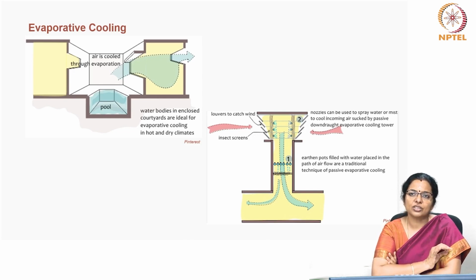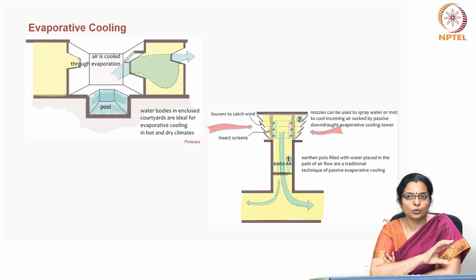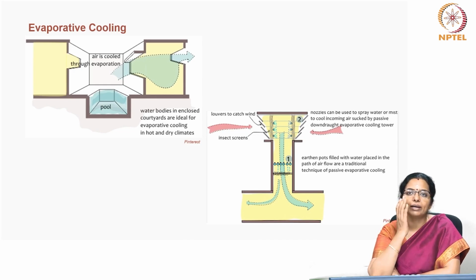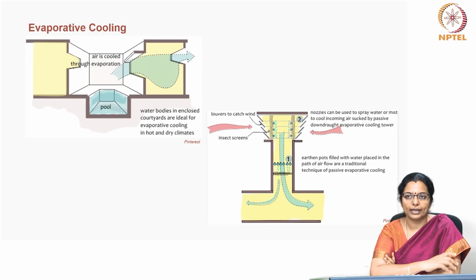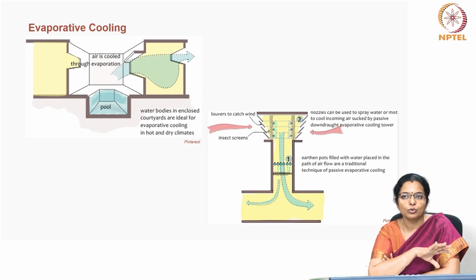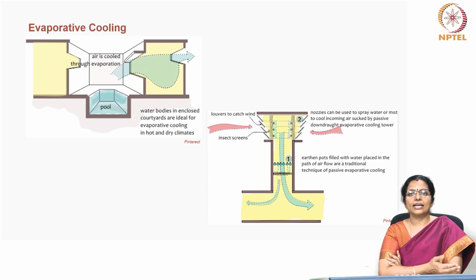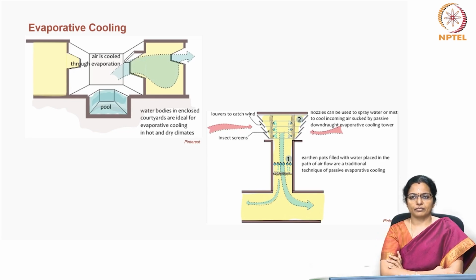A wind catcher is a traditional architectural feature which is used to capture and direct prevailing winds into a building, and it promotes natural ventilation and cooling. Typically, this is found in arid and hot climates where wind catchers are designed to channel airflow through the building, utilizing the pressure differences created by wind movement.